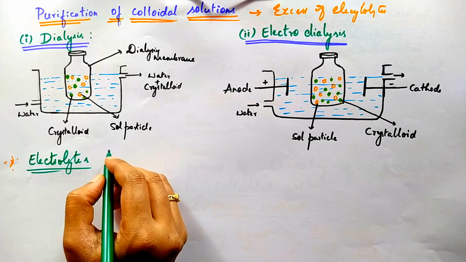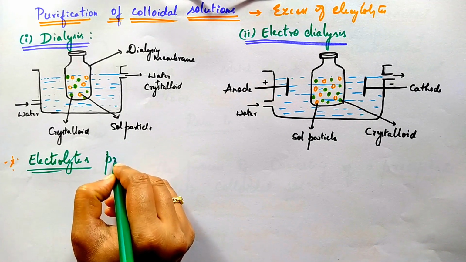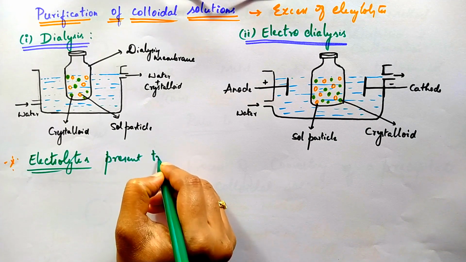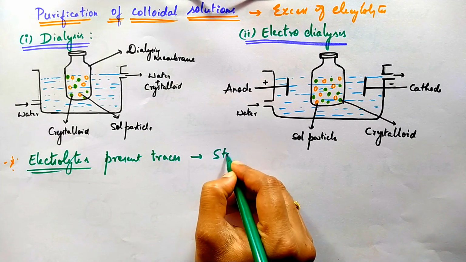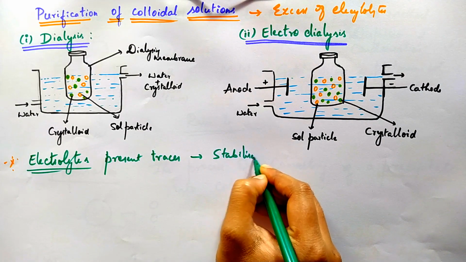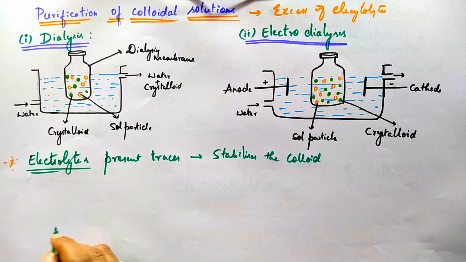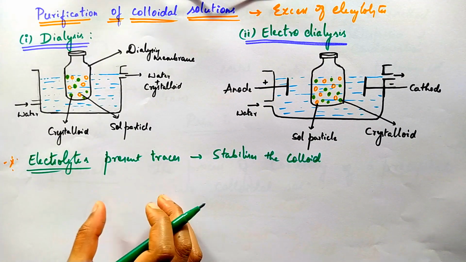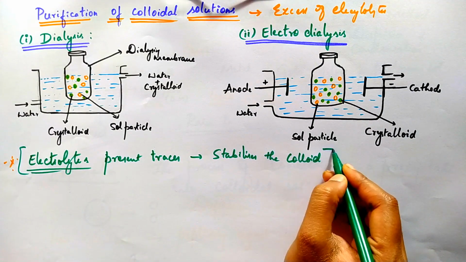One more important point is about these electrolytes. If electrolytes are present in traces or in a minimum amount, they stabilize the colloidal particles.